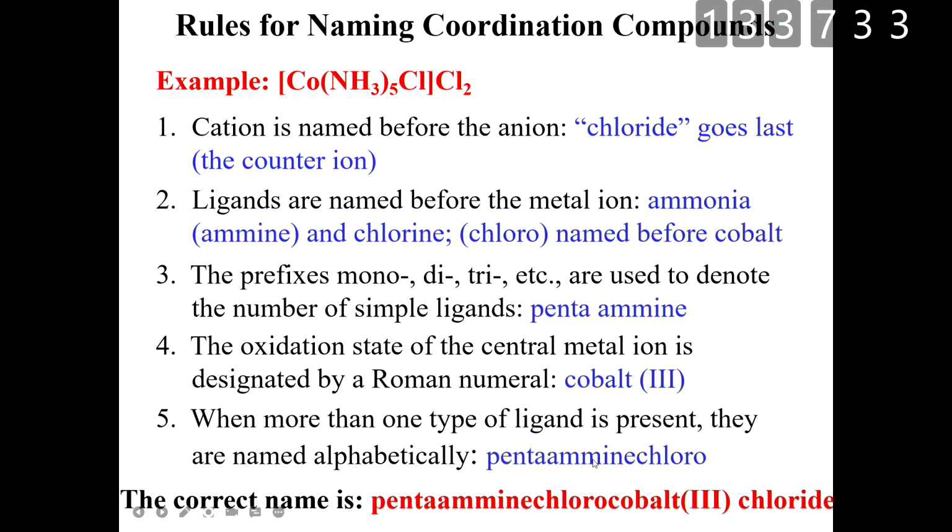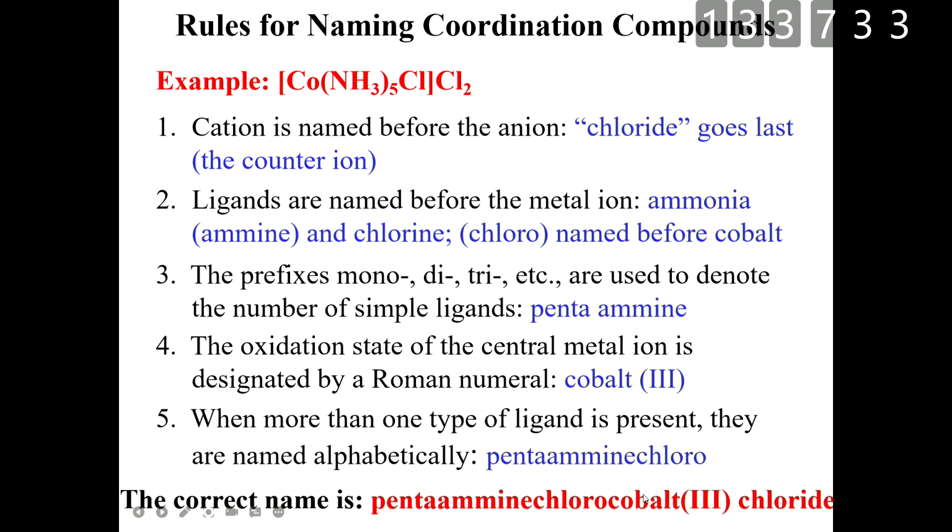For example, amine and chloride. Amine should be before the chloride because A is before C, right? So the name of this is pentaamminechloridocobalt chloride.